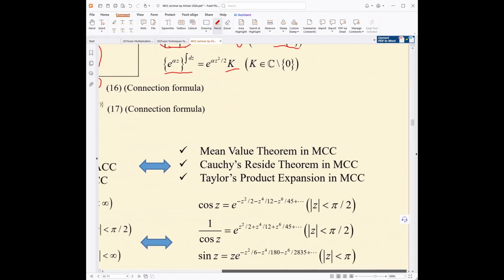In the mentioned paper, I gave the multiplicative version of the mean value theorem, the multiplicative version of Cauchy's residue theorem, and the multiplicative version of the Taylor series expansion theorem, which may be called the Taylor product expansion theorem.